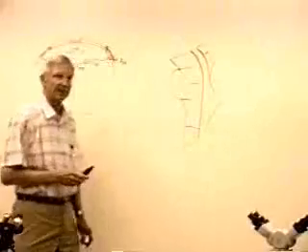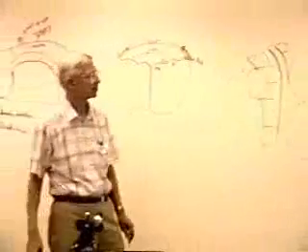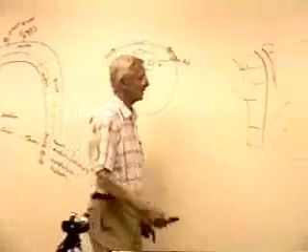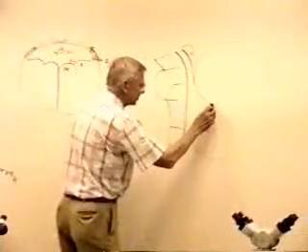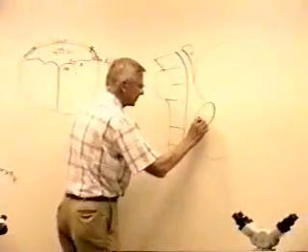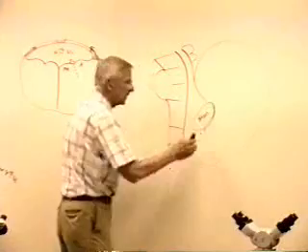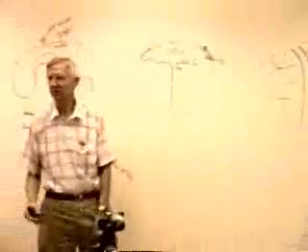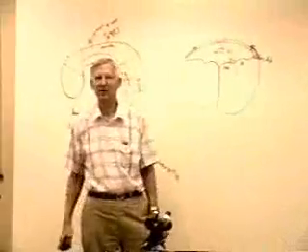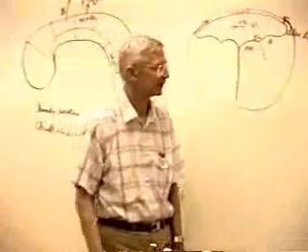Now, like so, this is now the completed vermis. The nodulus is the most caudal portion of the vermian cortex.